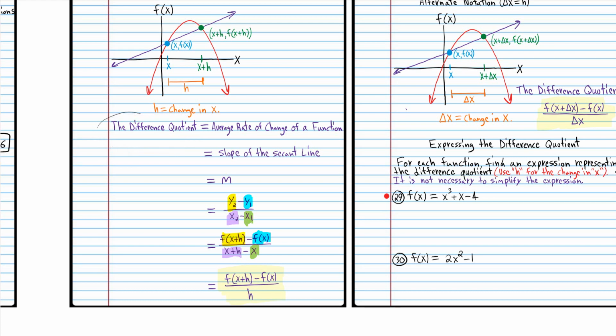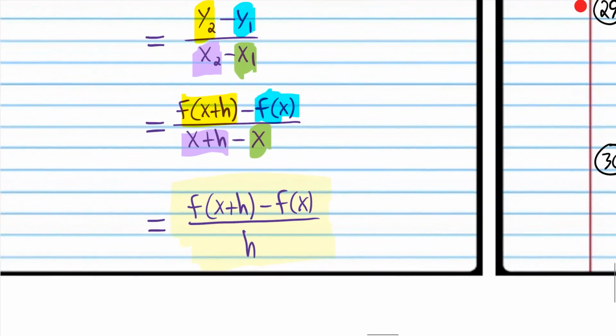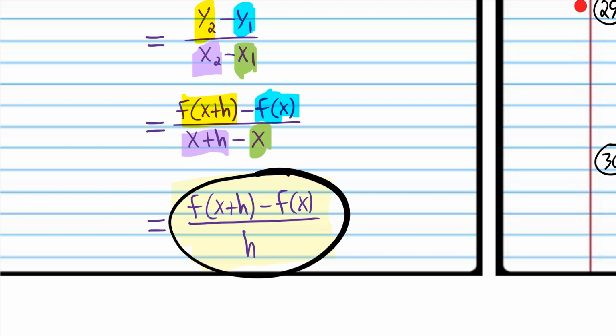It's just the average rate of change written in a different way. So notice that the purple x here and the green x just cancel out. x minus x is 0, so you're just left with h in the denominator. So we have this final expression here. Again, we call it the difference quotient.